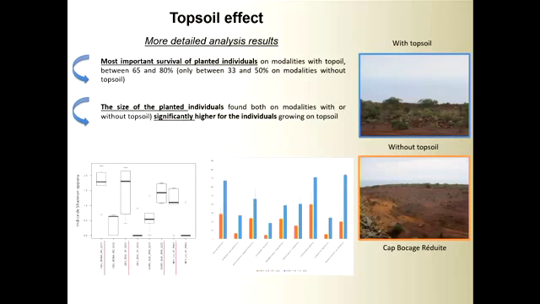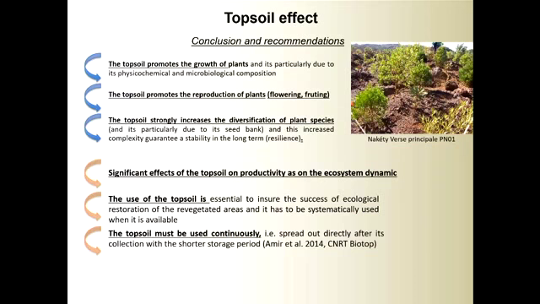Also, there is a higher survival of planted individuals on modalities with topsoil, and their sizes are always higher, here represented in blue, for several species. So it's particularly due to the physicochemical and microbiological composition of the topsoils.